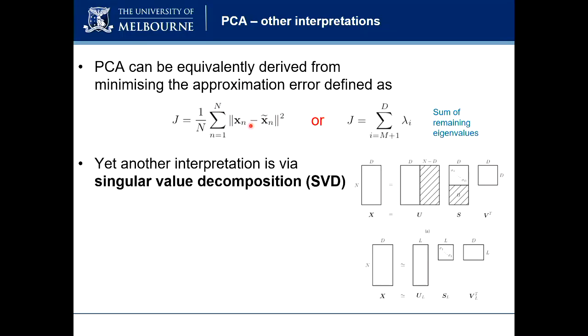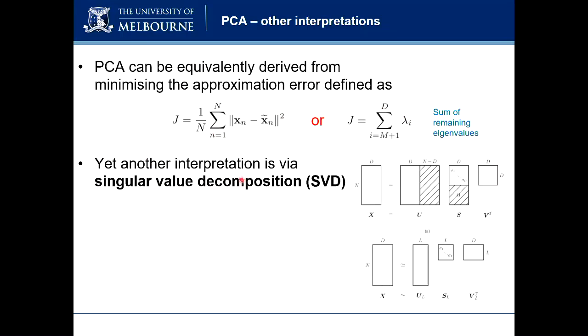If you minimize this cost, you end up with the same thing. It's also shown that this cost is equivalent to the sum of the remaining eigenvalues. So minimizing this cost means making sure that the smallest eigenvalues, m plus 1 to d, are left out. That's again equivalent to choosing the largest m eigenvalues for the mapping.